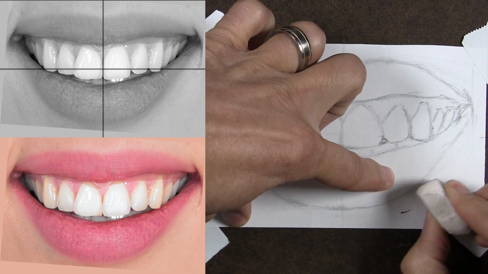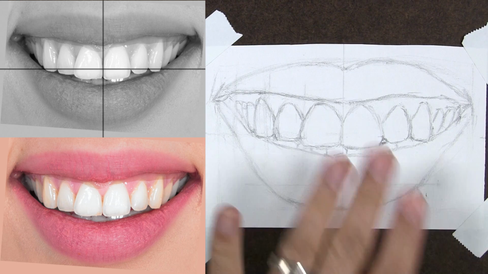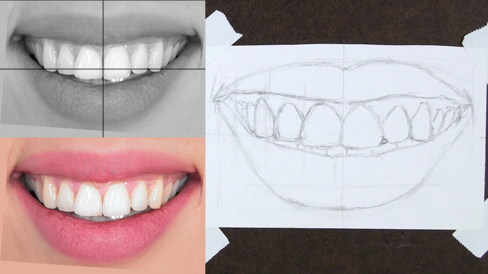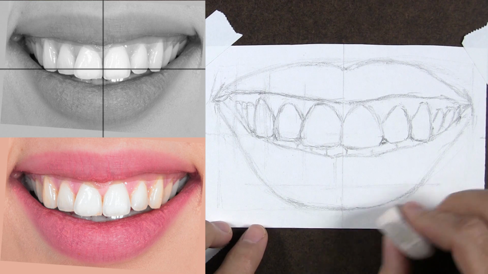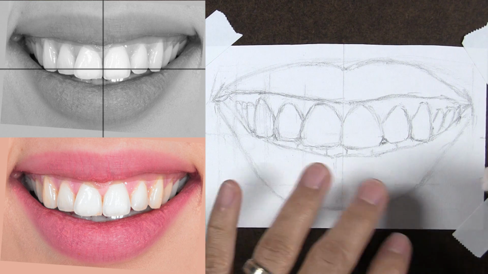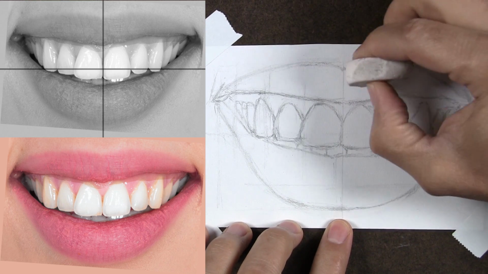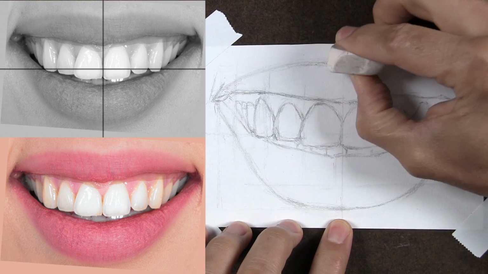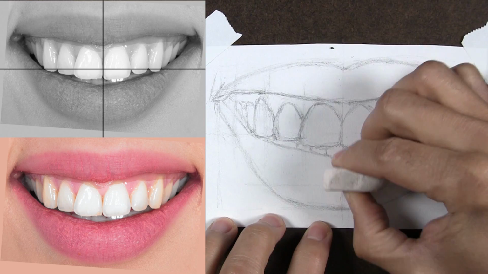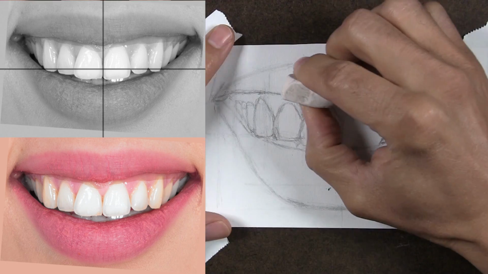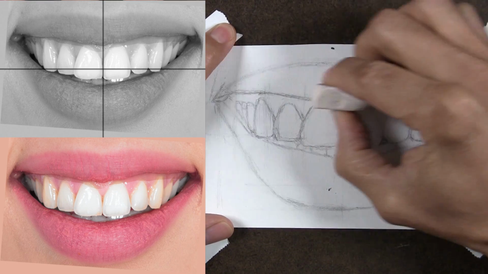And we'll see if that looks a little better. And I think it does, so we'll go with that. And while we're at it, we will erase the guidelines that we have here. We'll erase our line of symmetry and any other little light guidelines that we see here and there.